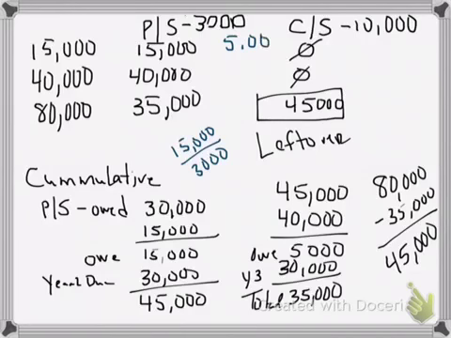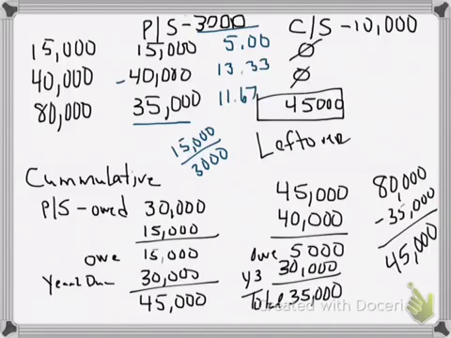I would do the same thing at the $40,000: divide it by the 3,000 shares, and that gives me $13.33. For the last year, I take the $35,000, divide it by the 3,000, and I get $11.67 per share.